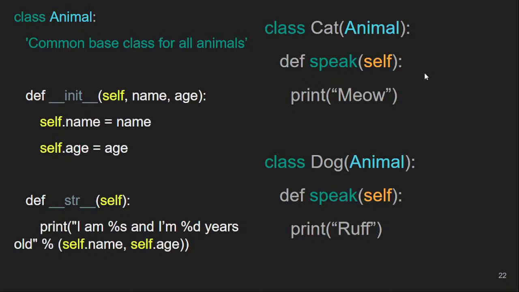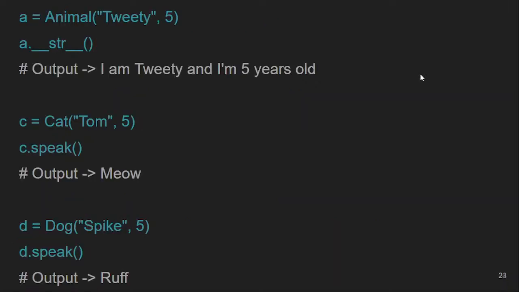Okay, all right. So if you try this, we are declaring an animal instance called A. You can now use A to get the string representation of that, which will give you this.